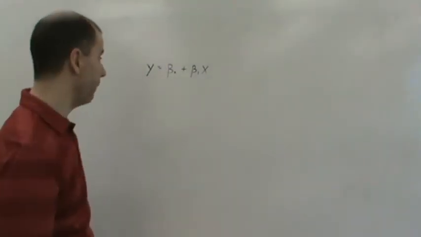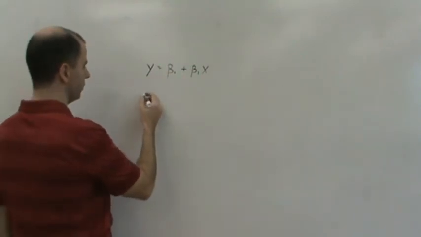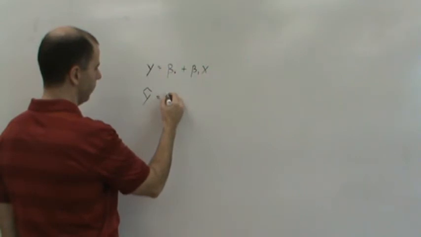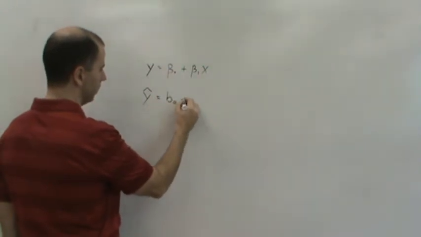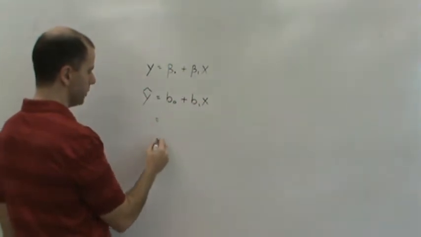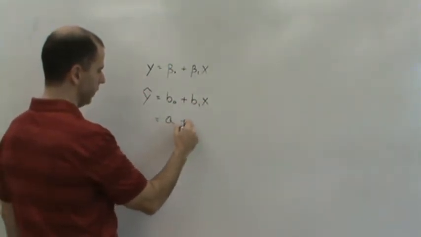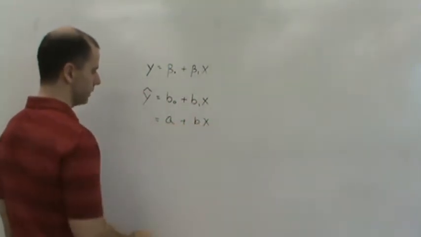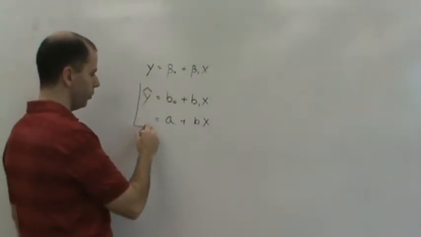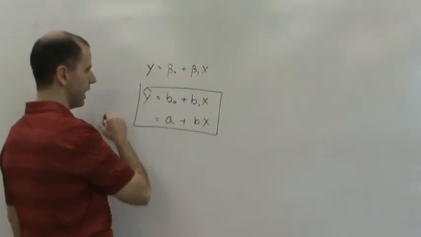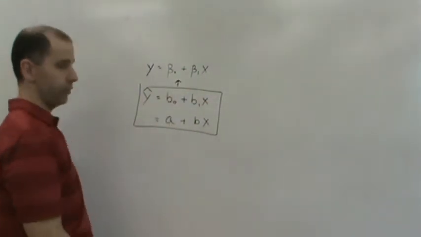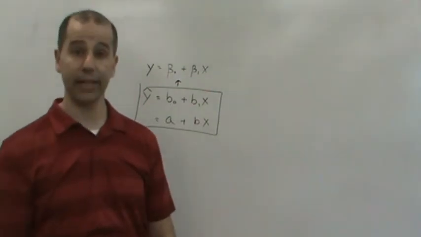So our best estimate is y hat equal to b0 plus b1 times x, or for our purposes, we just write a plus b x. So we're going to use our sample to try to estimate the true regression, the true relationship.